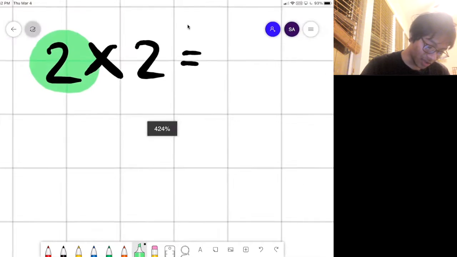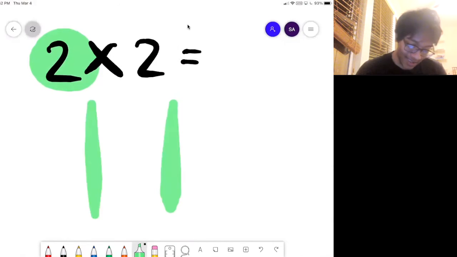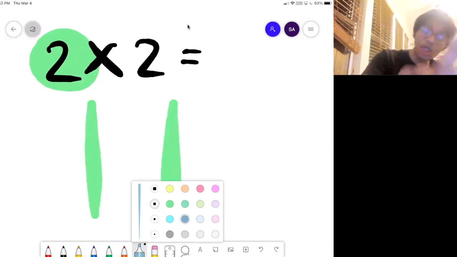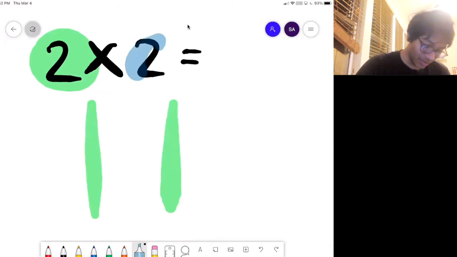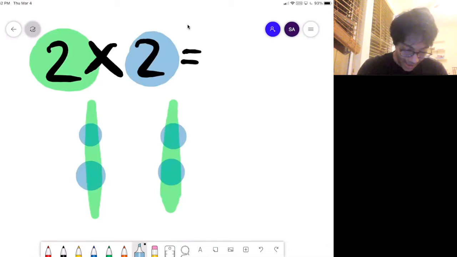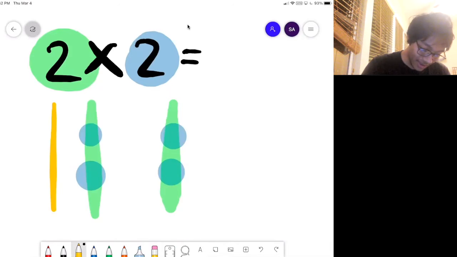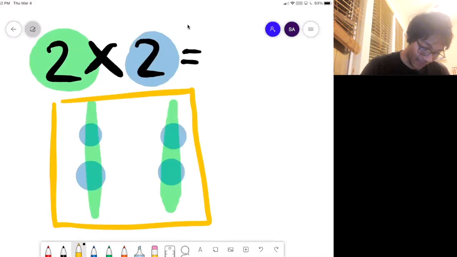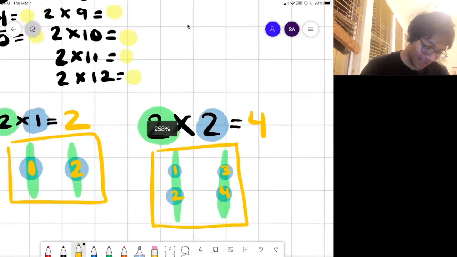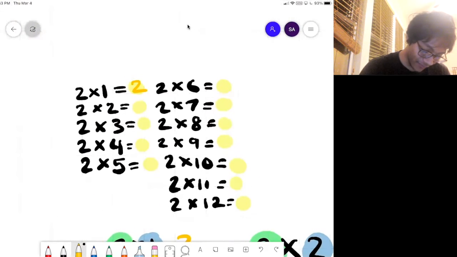Draw 2 columns like this, and each of the columns has 2 dots. 1, 2, 1, 2. Now count up how many dots in the whole shebang. We have 1, 2, 3, 4 dots. So 2 times 2 is 4. We can go back to our table and happily write 4 for 2 times 2.